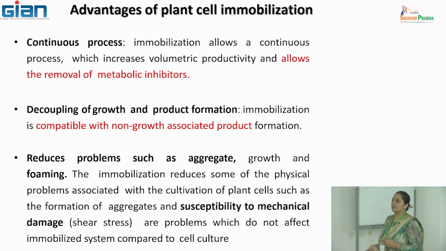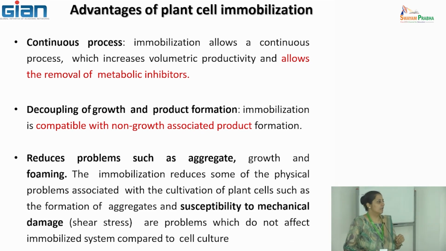Now, because these are immobilized systems, in comparison to free cell systems, the problem of cell aggregation can be avoided, which can be a problem because of the inherent property of cells to come together. So cell aggregation causes problems in mass transfer. So it's a completely different kind of cultivation.